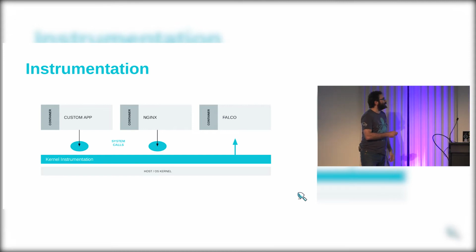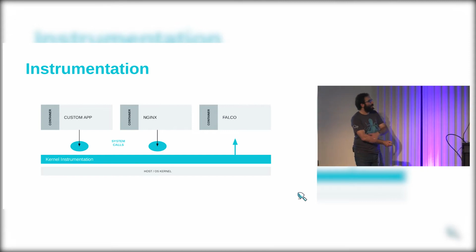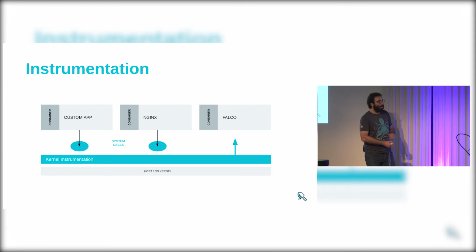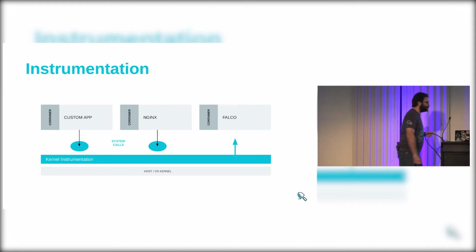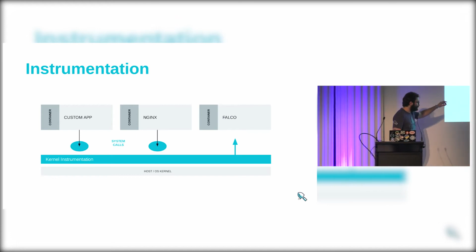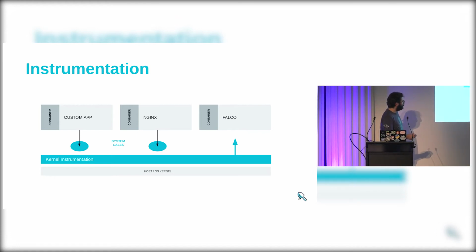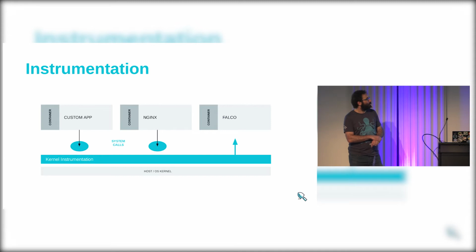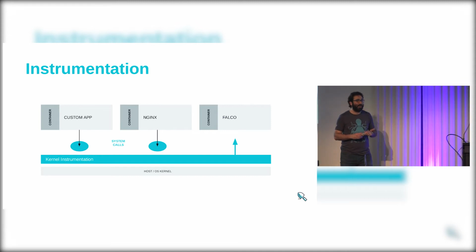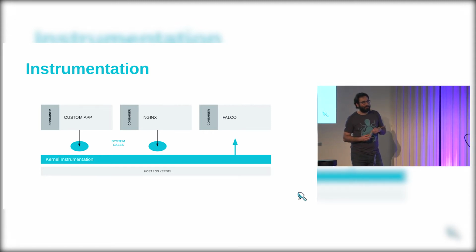We can also have an Nginx, an HAProxy, whatever. But Falco is going to use a kernel module or an eBPF probe, and it's going to capture all the system calls that are happening in the host.